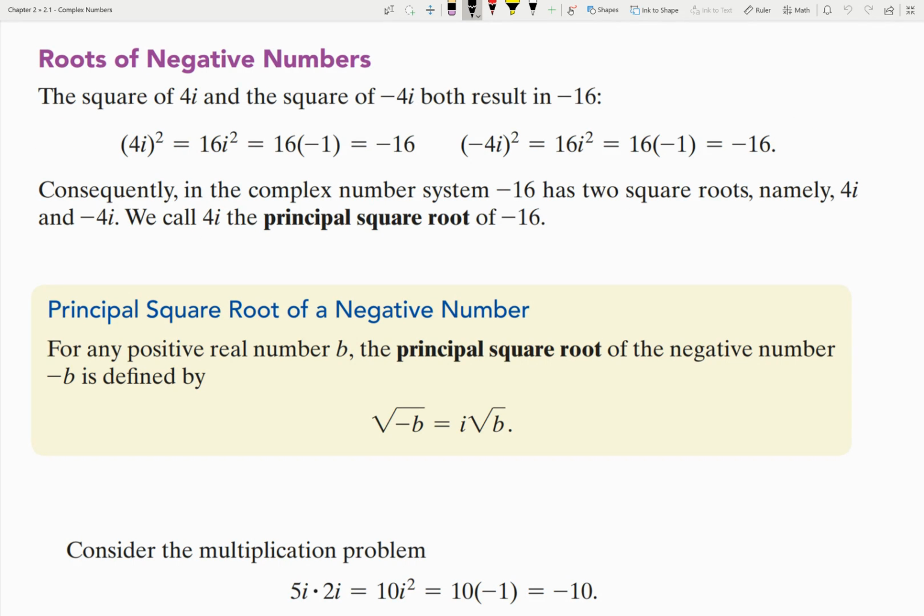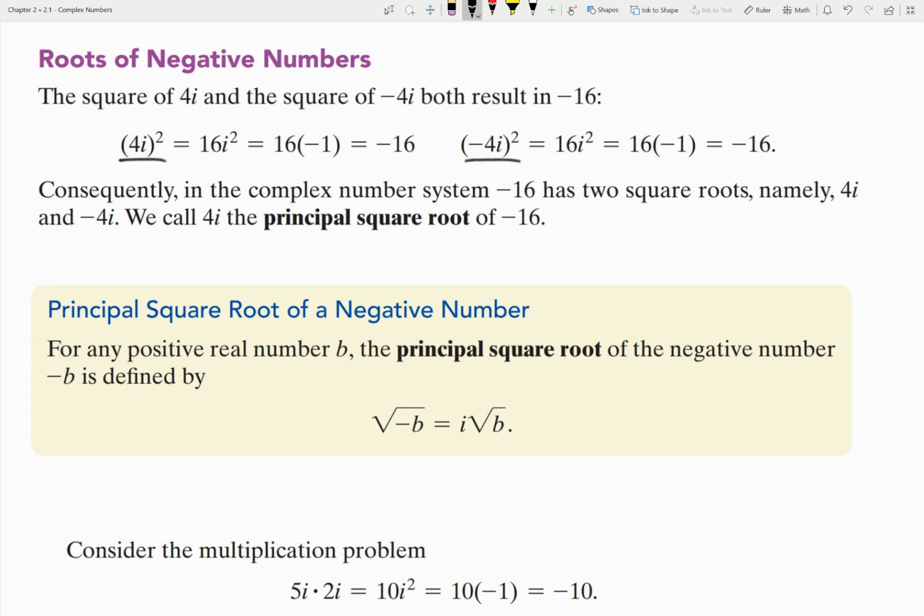Let's talk a little bit about how i's and square roots work, square roots of negative numbers. So think about this, that the square of 4i and the square of negative 4i are both negative 16. And you can see that right here, okay?